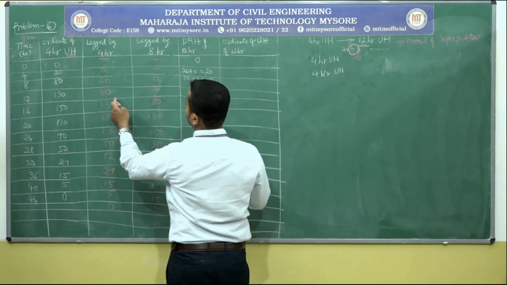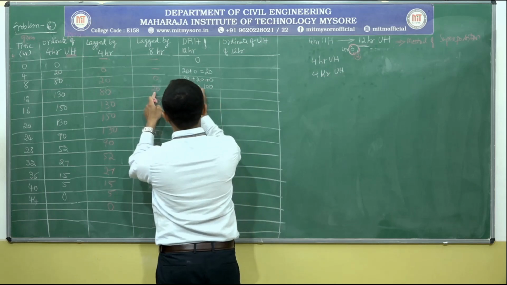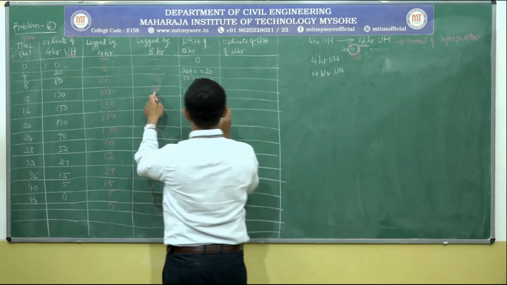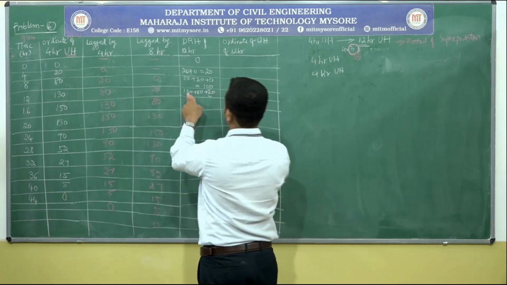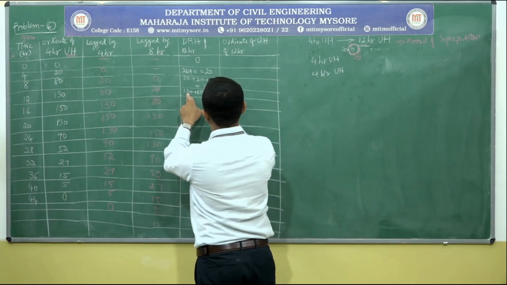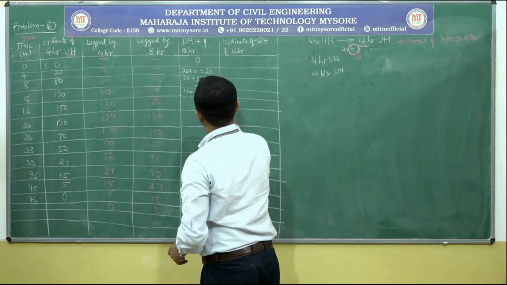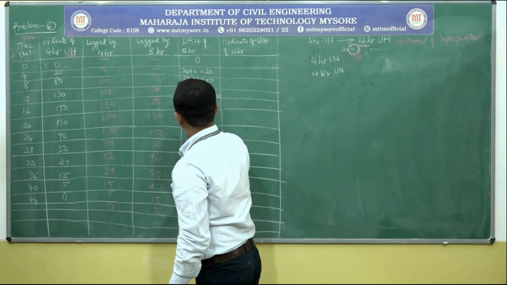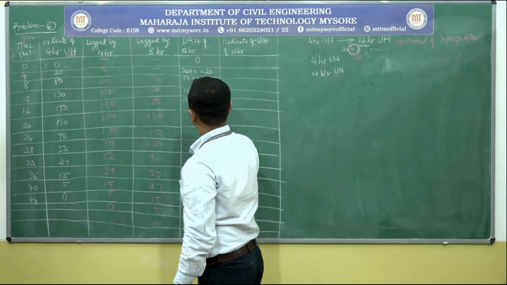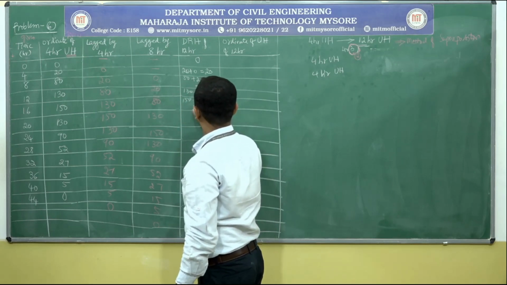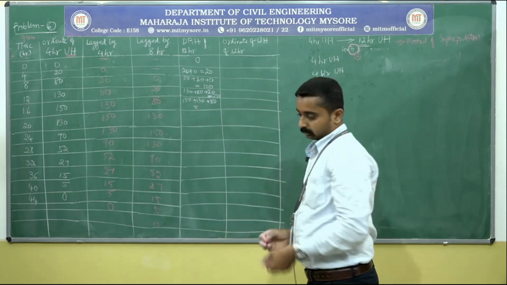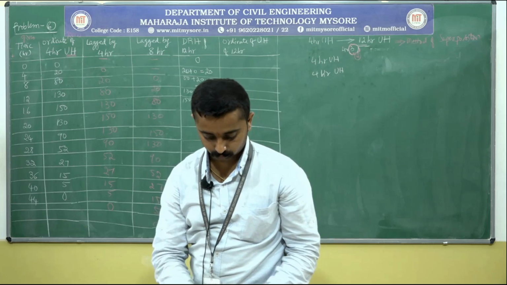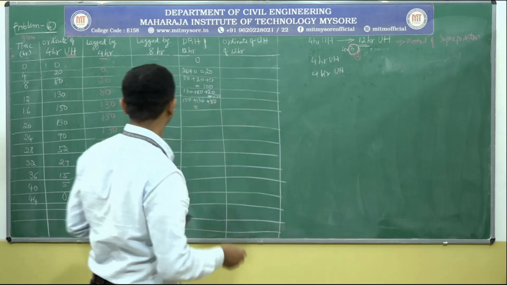Now 130, 80, 20. 130 plus 80 plus 20, you will get 230. Similarly, 150, 130, 80. Write yourself, I am going to write directly.